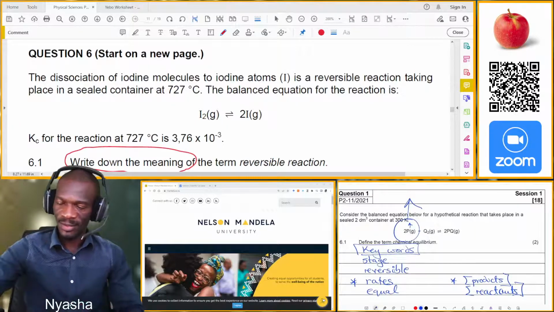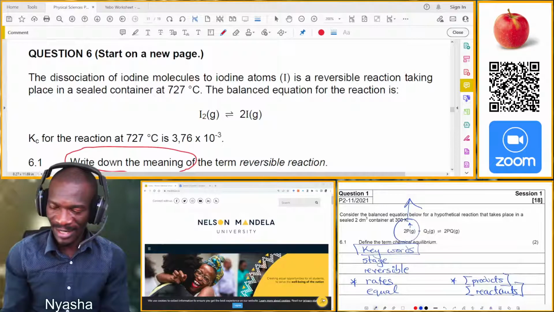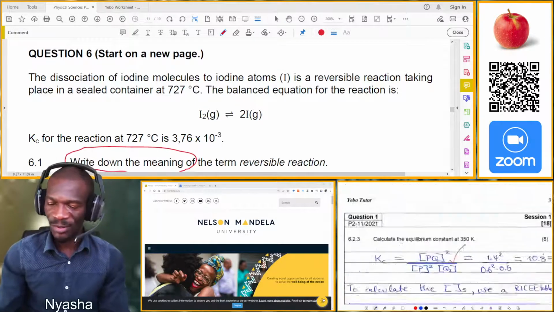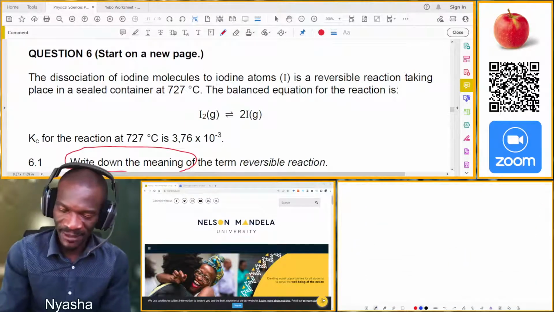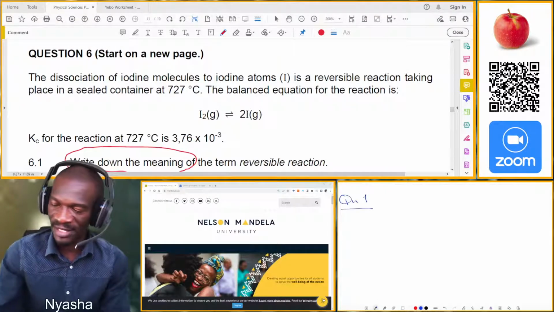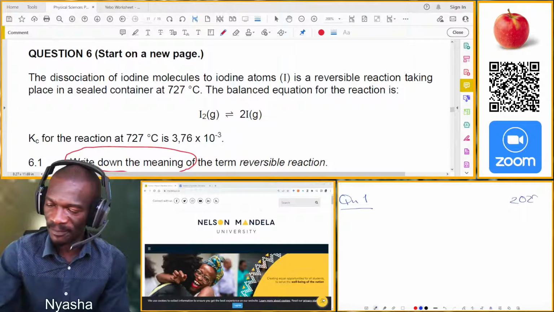So let me ask you now. In our 2021 paper, we were defining the term chemical equilibrium, right? So now you are in this new paper.